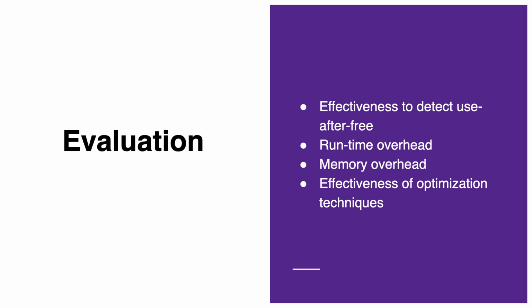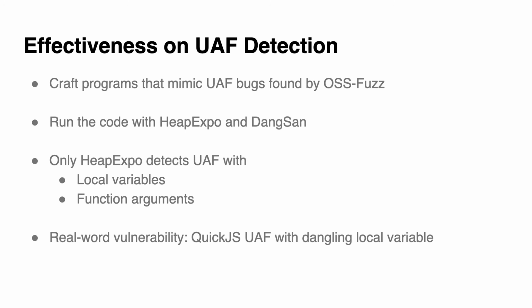In the later slides, we evaluate our work in 4 aspects. We compared our work with Dense, the state-of-the-art dangling pointer invalidation work, to study the effectiveness on use after free detection. We crafted programs that mimic the use after free bugs found by OSS-Fuzz, and we ran the code with HeapExpo and Dense protections.